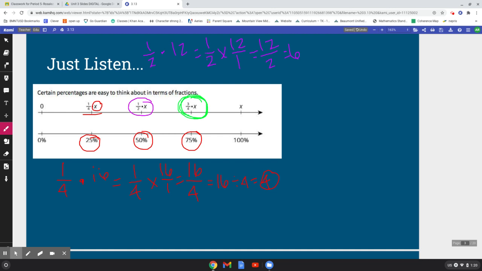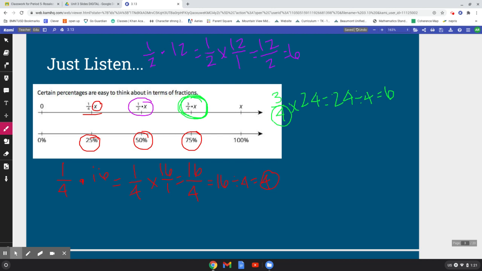Okay, so now let's say I have the 3/4 and I'm trying to find the percent of, let's say the number 24. So you would do 3/4 times the 24, right? Now what we've been doing this whole time is we've been dividing by the denominator. Okay, so what would start us out is we would do 24 divided by 4 and we would get 6.